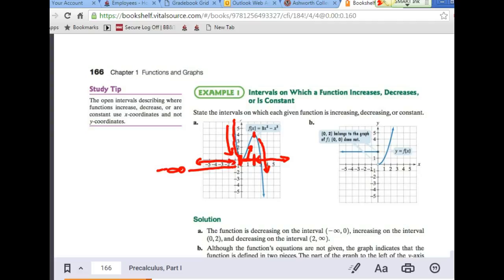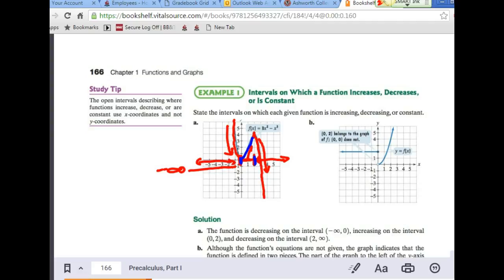Okay? It's increasing on the interval from 0 to 2. Well, we marked that here. That is from this section to this section right here, from 0 to 2, the graph was actually going up.